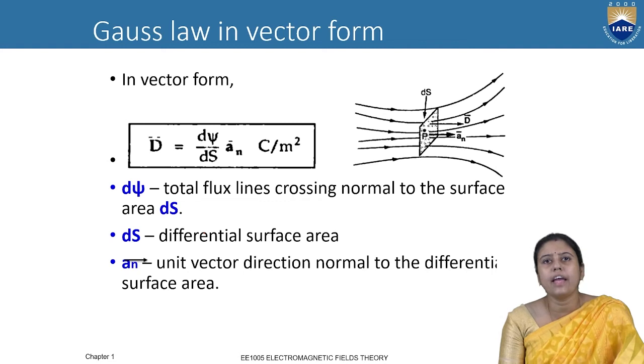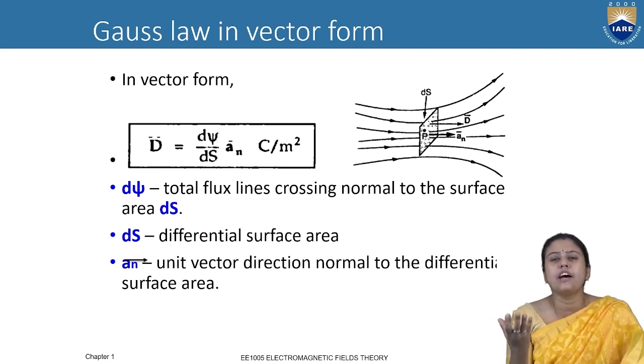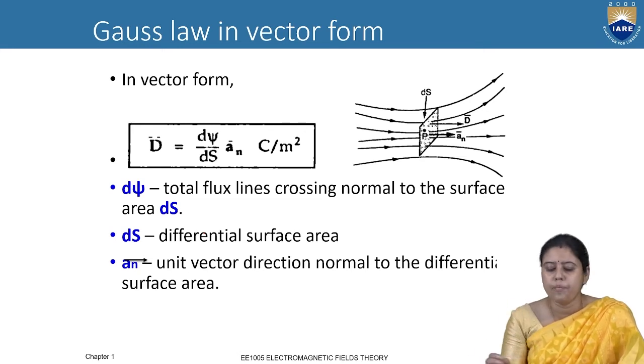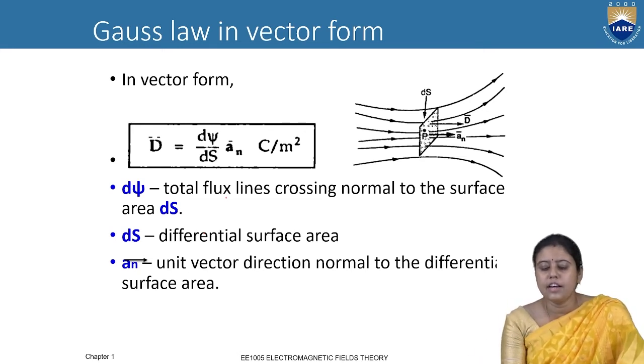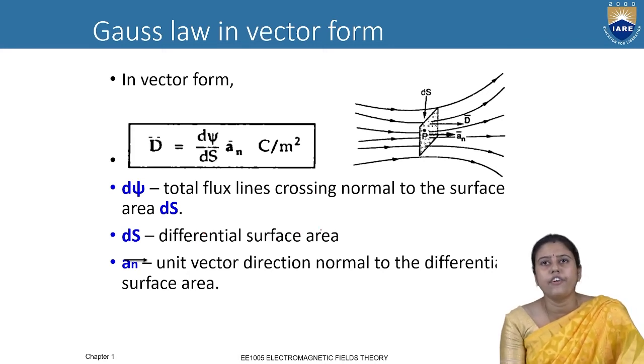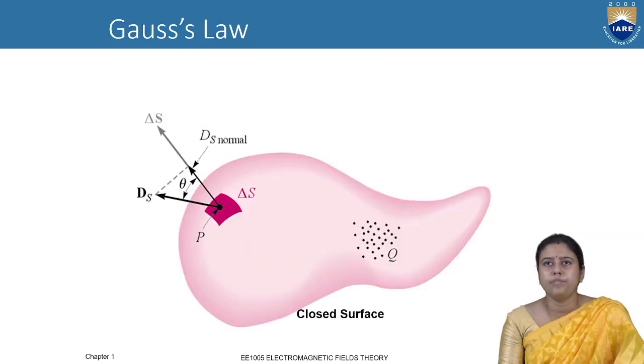For example, if we light a fire somewhere, the smoke starts going upward. Similarly, if we keep some charges on the ground, the flux tends to go upward. So d psi is the total lines of force, ds is the differential surface area, and an is the unit vector normal to this area.